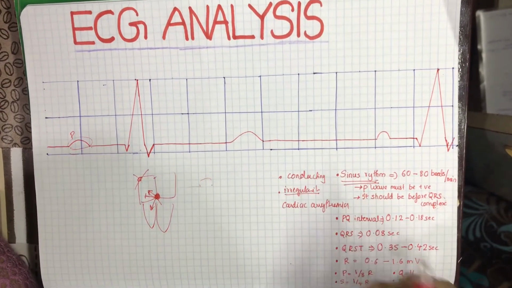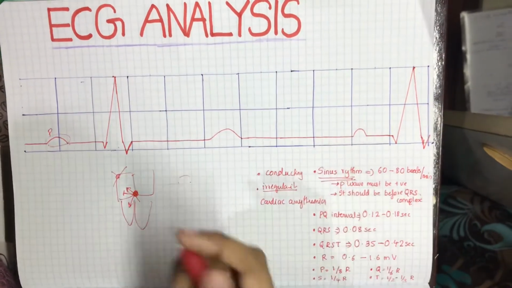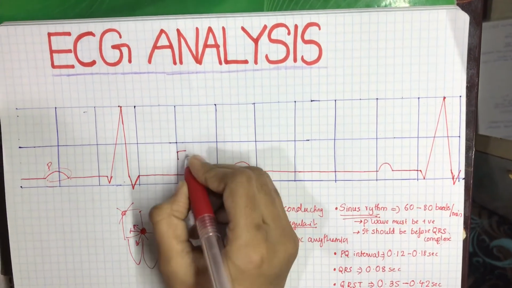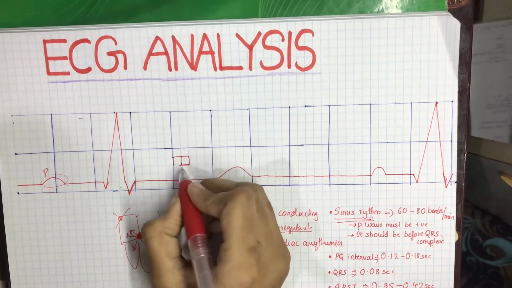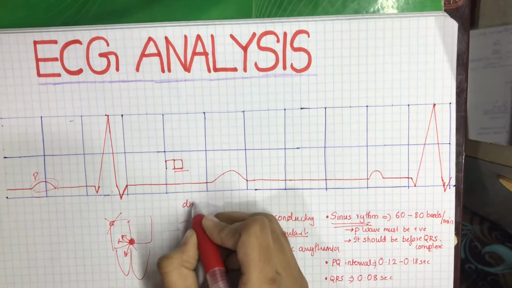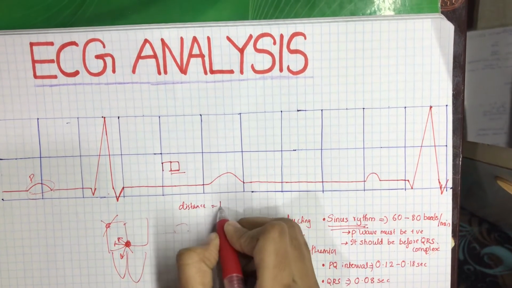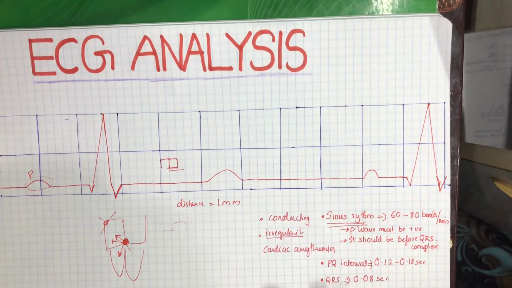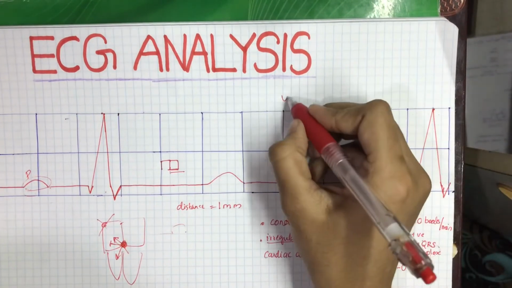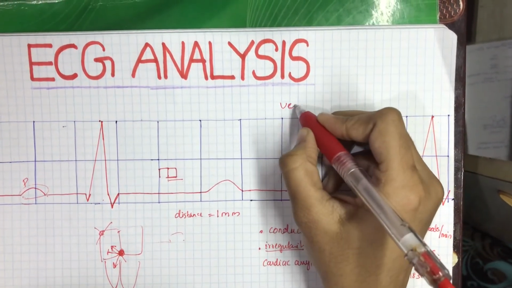For that we have to know about this graph. When we take one part, let me take this part, this distance is 1 mm. On the upside it will be written the velocity, time taken and all.